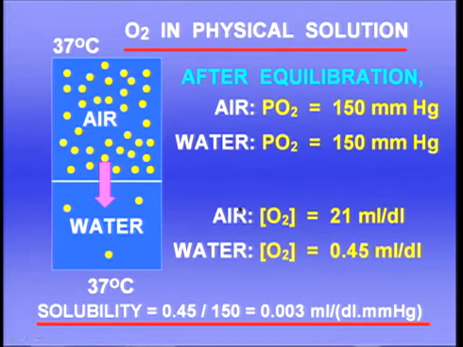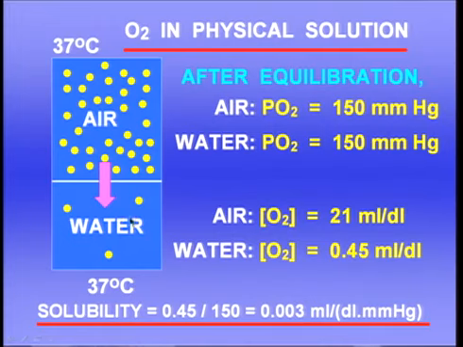The only way we can think of the partial pressure of a gas in a liquid is the partial pressure of the gas in equilibrium with the liquid. So that's a very important concept. Now we saw that the concentration of oxygen in air is 21 mils per deciliter. What about the concentration of the oxygen in the liquid? Well, it's very much less.